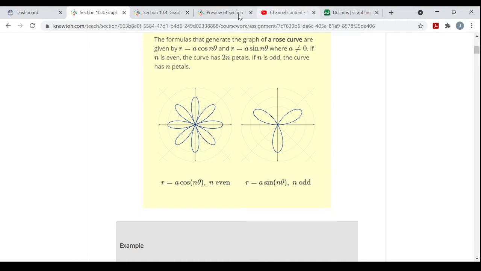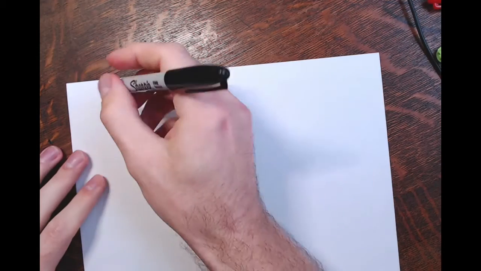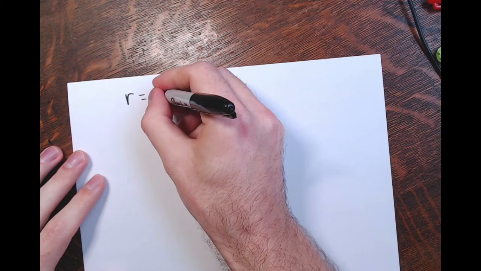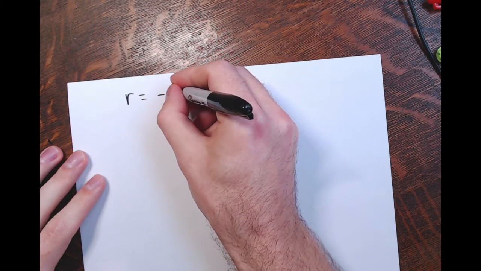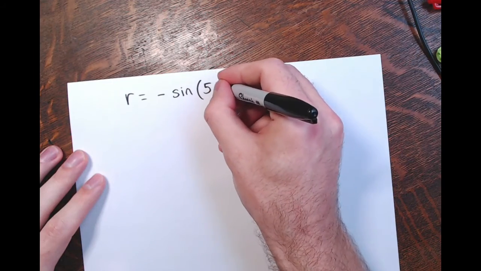All right, so back to my problem. See how this is one of those rose curves? We have this equation in polar: r equals -1 times the sine of 5 theta.